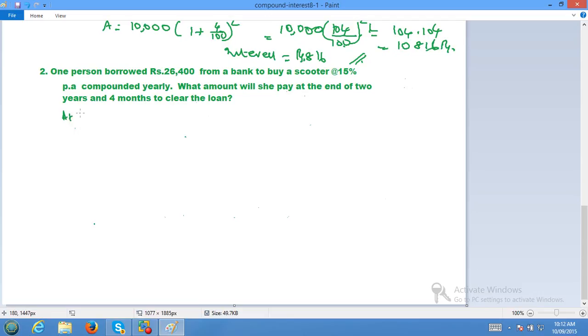So at the end of the first year, A is equal to the principal 26,400 multiplied by interest 15%, and you add the principal. That is the total figure.